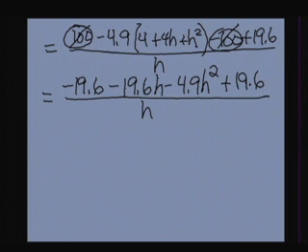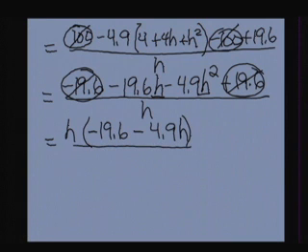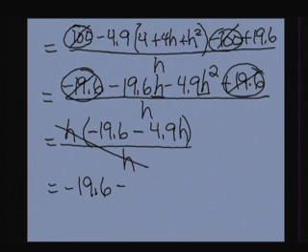We can take the 19.6 minus the 19.6, and of course those go to 0. I can factor out an h from each of these, and I get h times negative 19.6 minus 4.9h all over h. My h's can cancel to 1, and what I'm left with is negative 19.6 minus 4.9h.